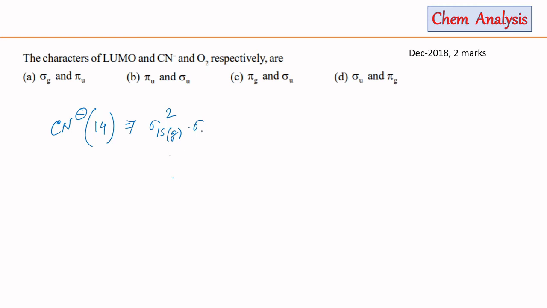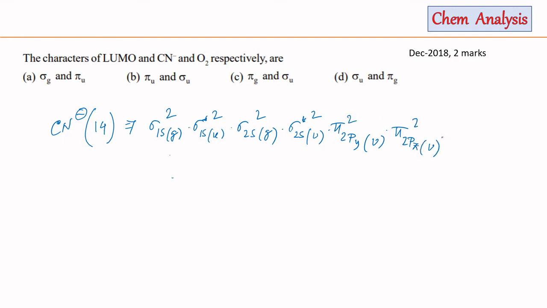Sigma 1s2, and this star means antibonding, then pi 2py u and pi 2pz u, then it will come sigma 2px g, since here it is 4, 6, 8, 10, 12, and 14, and after that it will come pi 2py g star and pi 2pz g star.